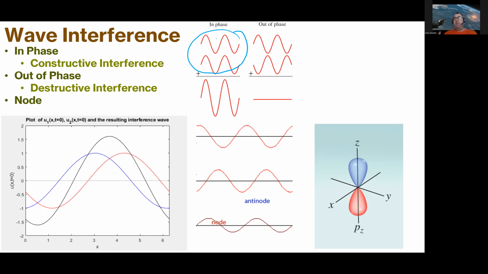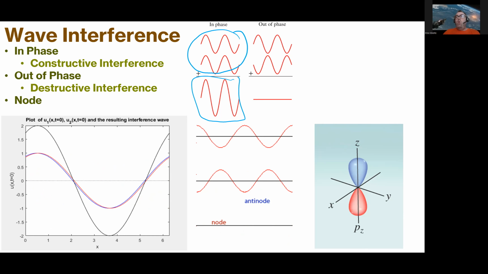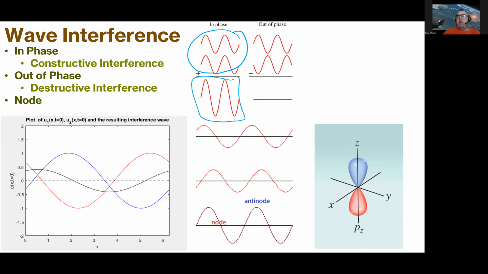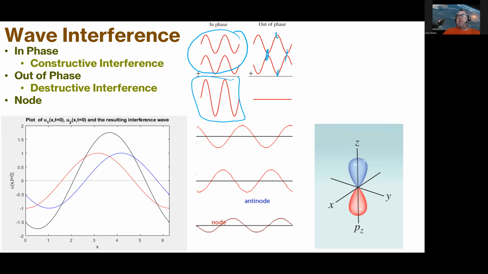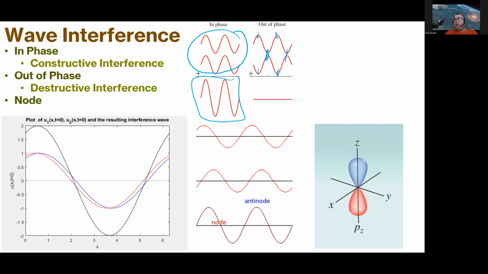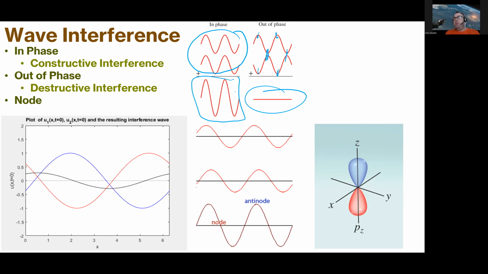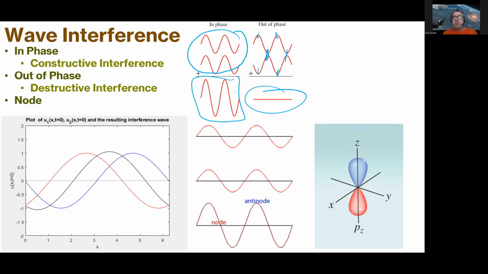The peaks and the valleys line up exactly, and they add together to give us a bigger and more exciting wave. Okay. Or they could line up opposite of each other, where the valleys and the peaks don't line up with each other. They line up opposite of each other. I would call this out of phase. And if we add those together, we get nothing. The wave is gone because all the peak points canceled each other out.